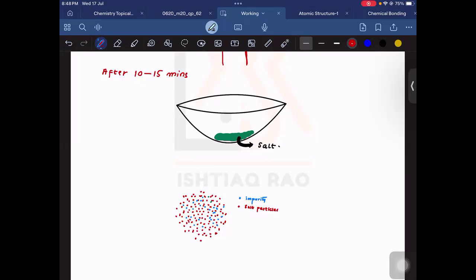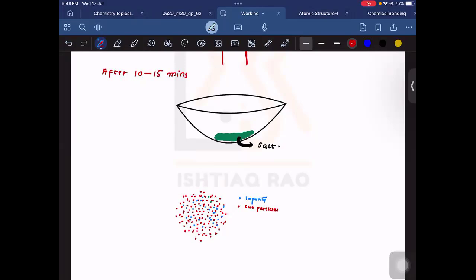Since the size of the particle is very small, we cannot separate the impurity. That's why, as a result of evaporation, the salt that we are going to obtain is impure salt.